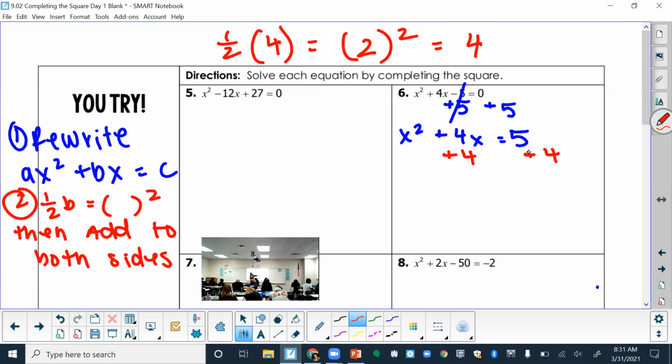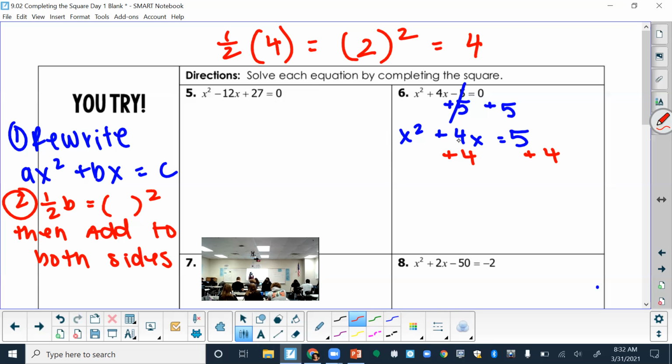What do I have on the left side? Or right side for you guys. On this side of the equal sign, can I combine the 4 with something? Are there any like terms that I can combine it with? Can I combine it with the x squared?